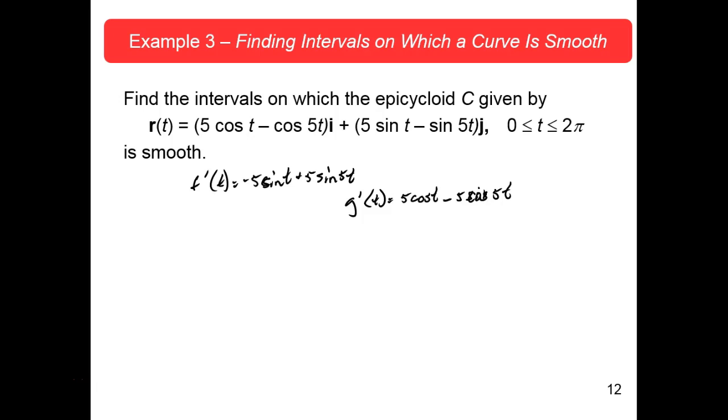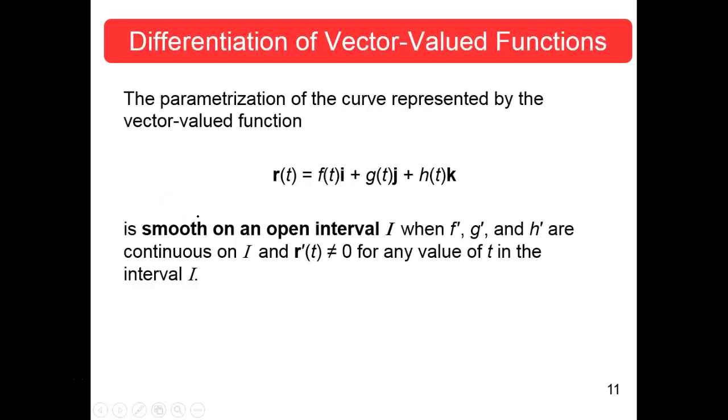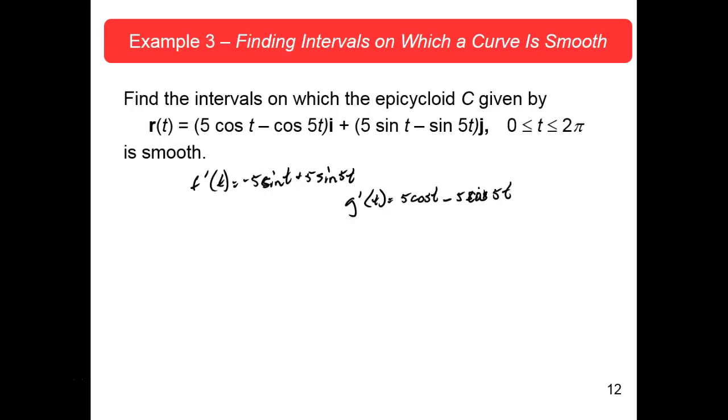So is this smooth there? Well, there was one other problem, where r prime is not 0. So we must also have that r prime cannot be 0 for any value t in the interval, okay?